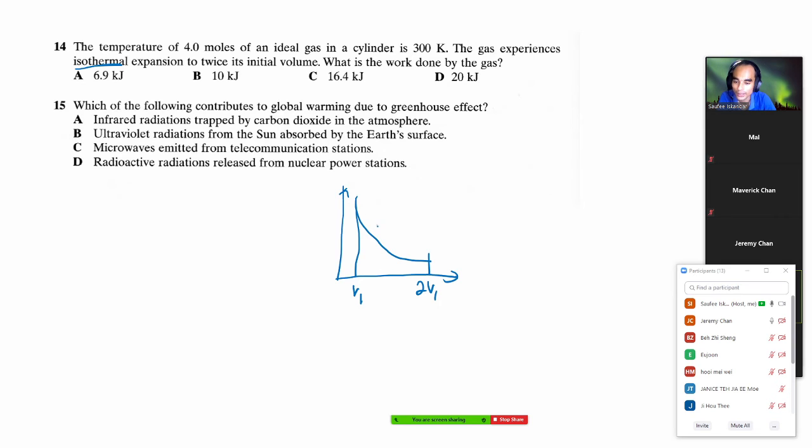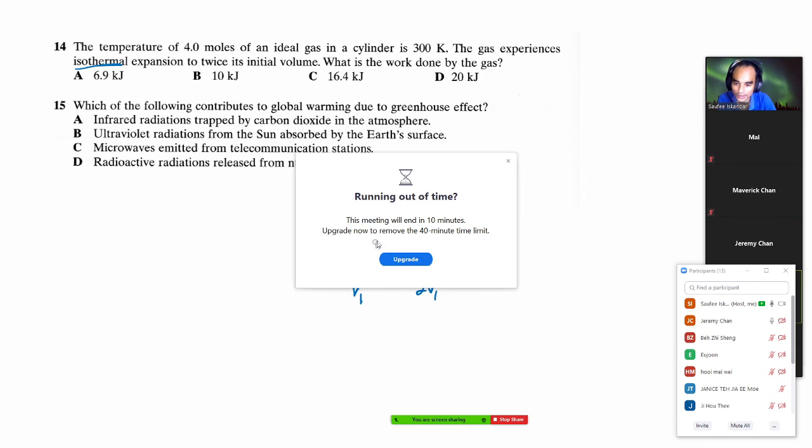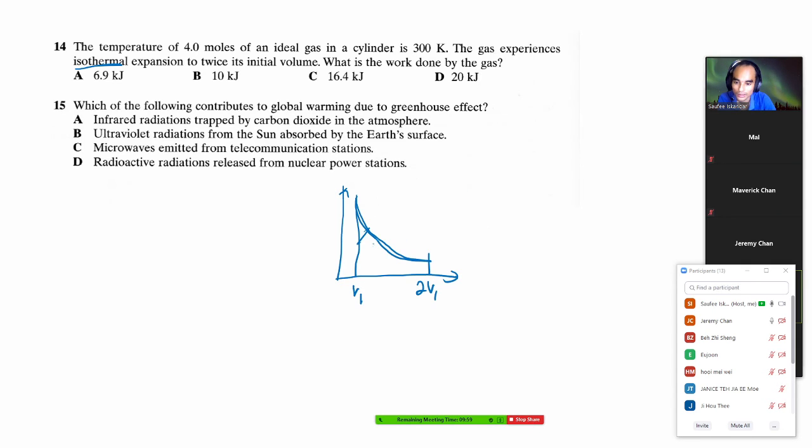And isothermal means it follows this curve. What is the work done by the gas? When talking about work done by the gas, it is the area under the graph.